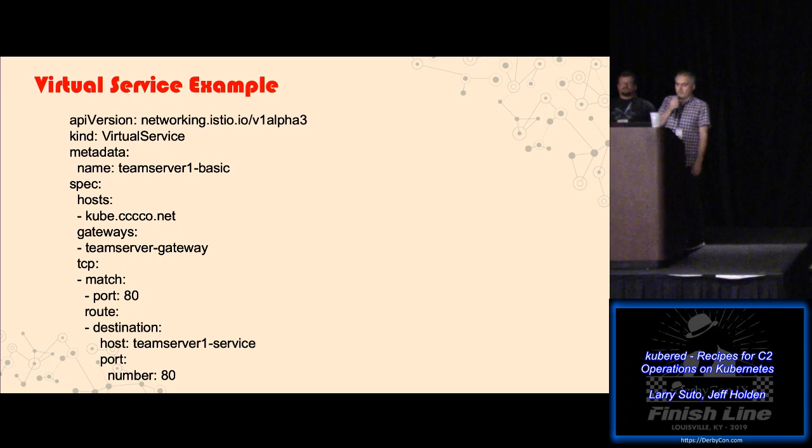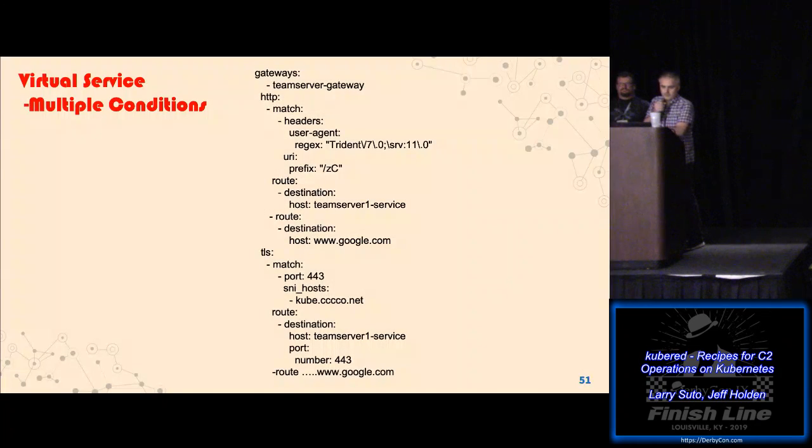This is a virtual service for a team server, which uses a team server gateway, which we saw before, which exposes those 3 ports, and this matches on port 80. If it matches on port 80, it'll just send it to the team server.